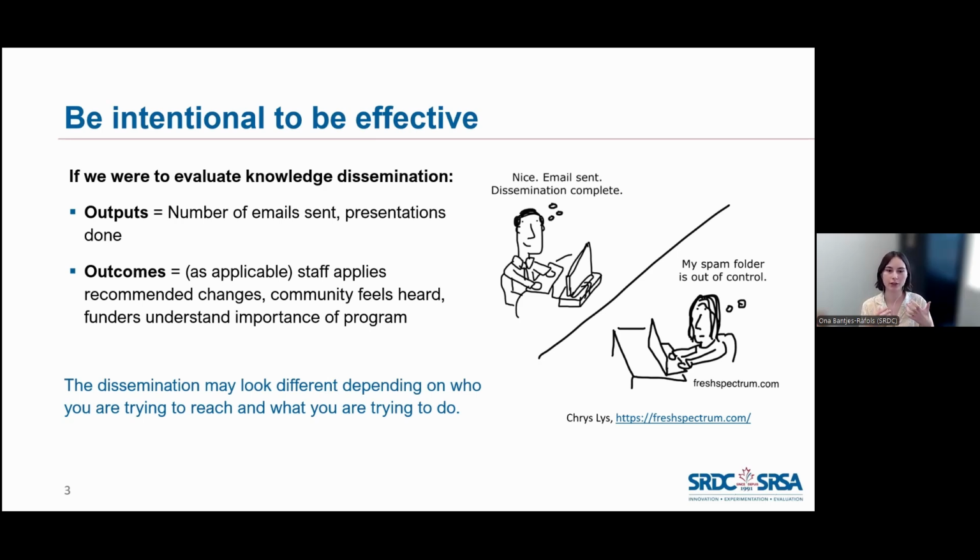Whereas if you were to look at the outcomes, depending on your goals, this might be that staff applies recommended changes, or that the community feels heard, or funders understand the importance of the program. But it's really important to have a clear idea of the outcome you're trying to achieve in order to tailor your strategy to it.